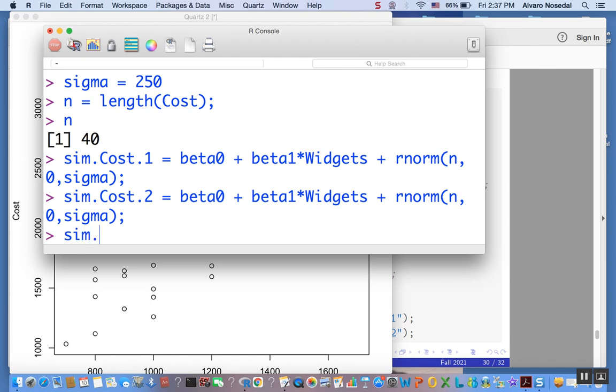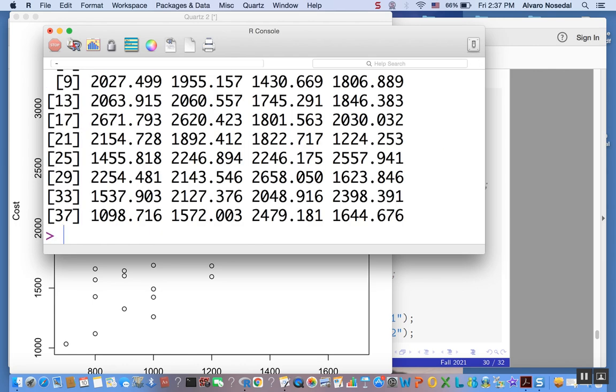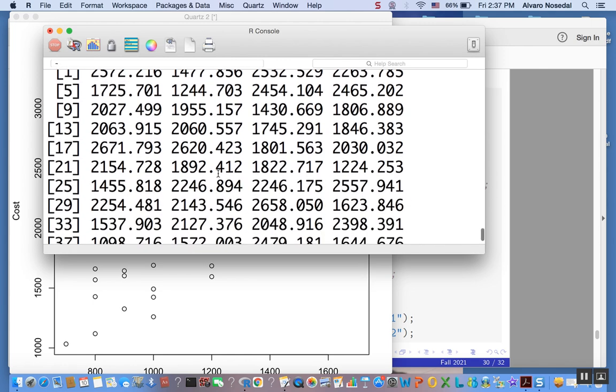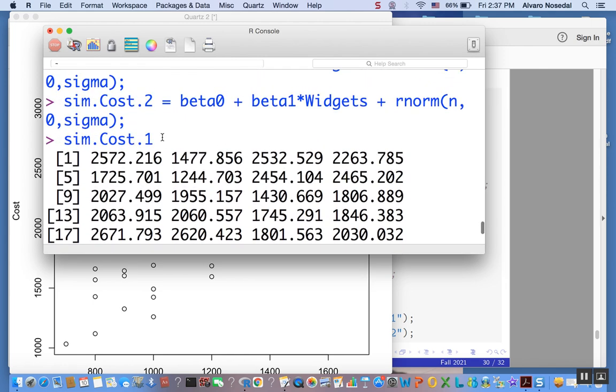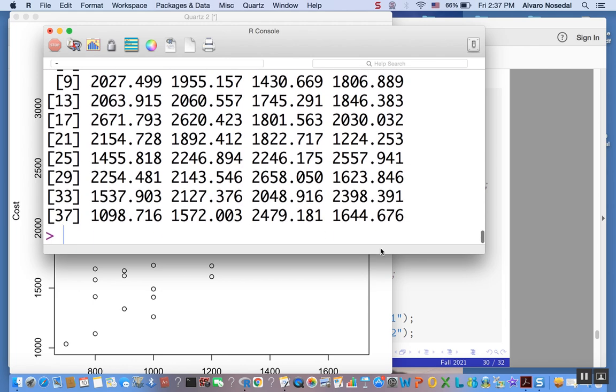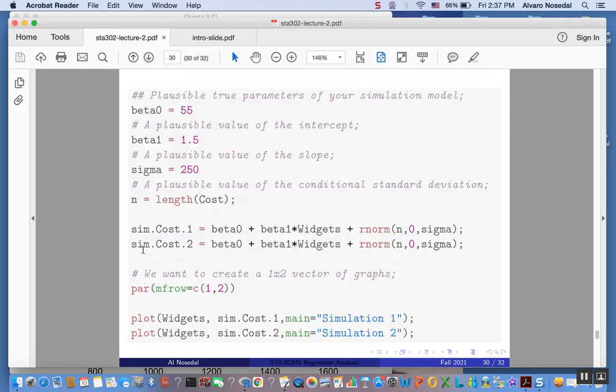Let me show you what we have here. We have 40 simulated numbers, and those are the simulated costs, right? You could do the same with the second simulation, and they are going to be different numbers.